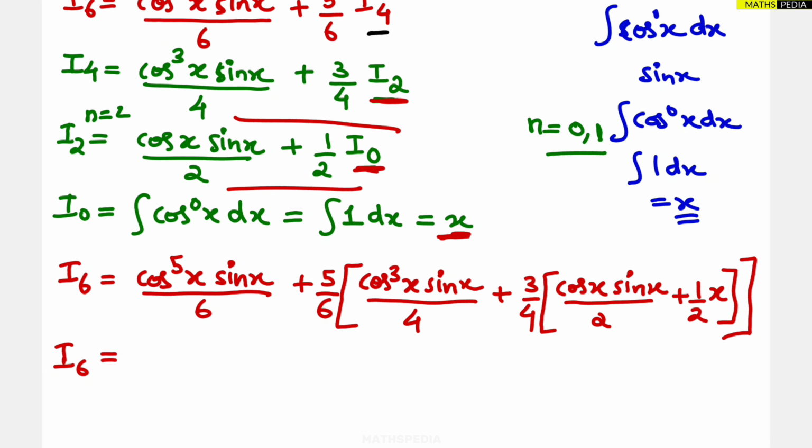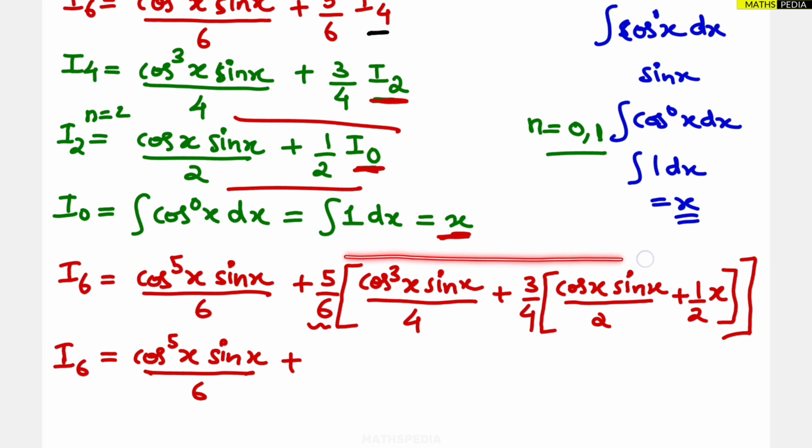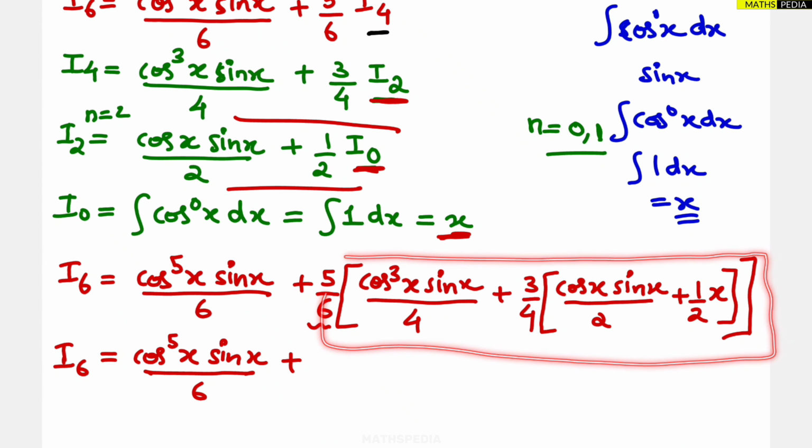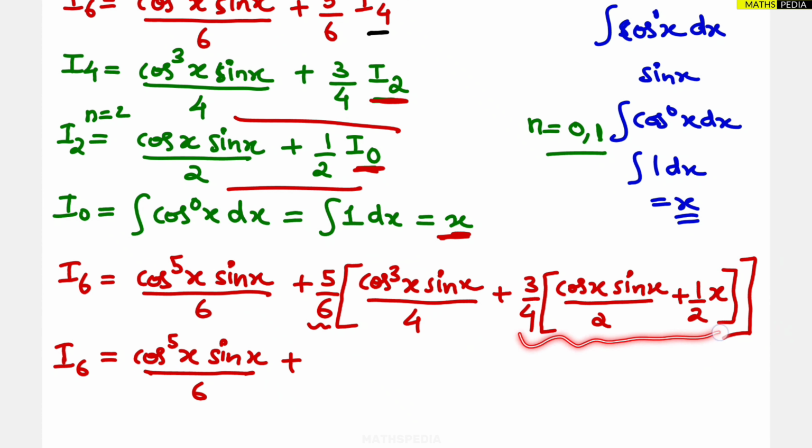So now simplification. Now 5 by 6 has to be multiplied inside. So be careful, 5 by 6 will be multiplied, the entire equation 5 by 6 has to be multiplied. Before that, 3 by 4 you multiply and keep.